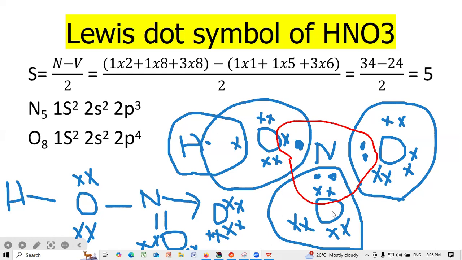But in case of this oxygen, it has taken 2 electrons from this nitrogen, and this nitrogen has also taken 2 electrons to complete the octet. That's why there are 2 covalent bonds, that is the double bond, and that is the lone pair of electrons. This is the Lewis dot symbol of nitric acid.